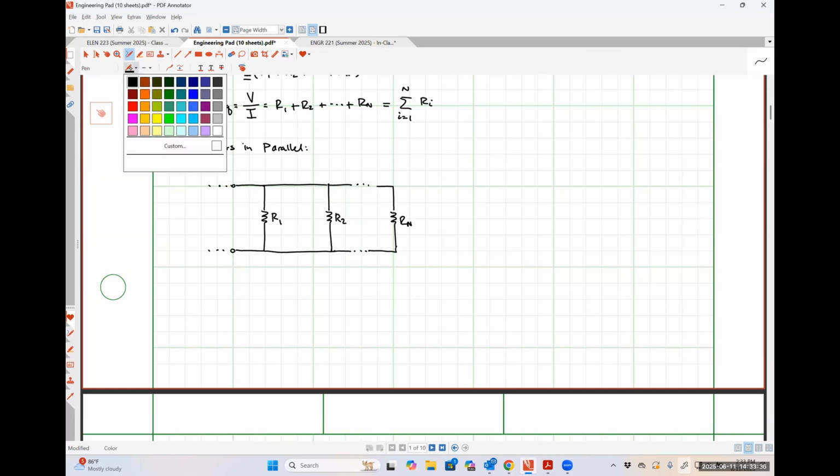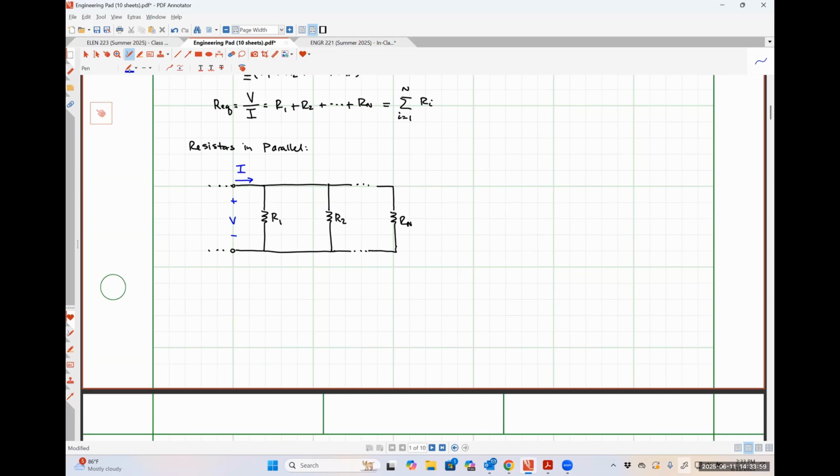So once again, I'm going to say that the total voltage drop across the terminals of my network is V, and the total current flowing into the terminals of my network is I. And what I'm going to do now is label all of my resistor currents.